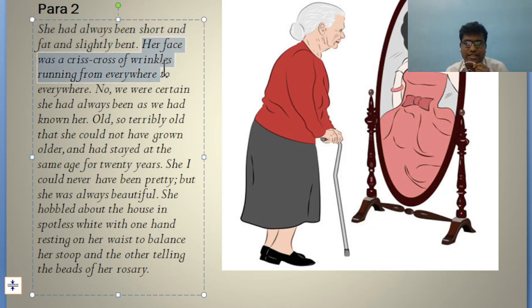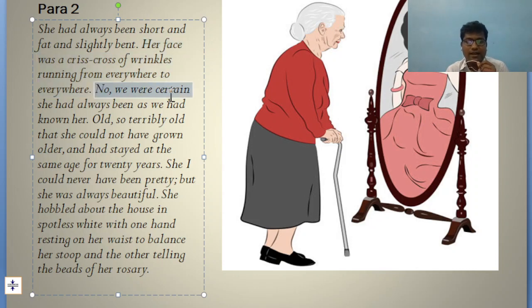Her face was a crisscross of the wrinkles running from everywhere to everywhere. It means the skin lacks glow, lacks a perfect shape, but the facial structure is all about the crisscross of the wrinkles everywhere to everywhere, meaning all over the complete face.